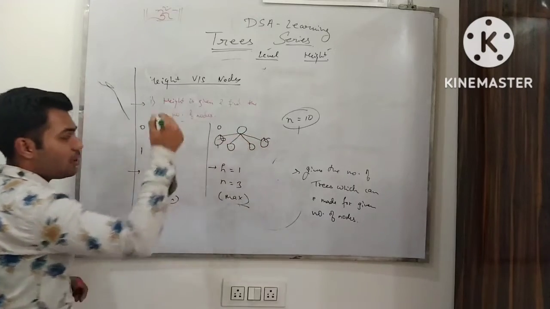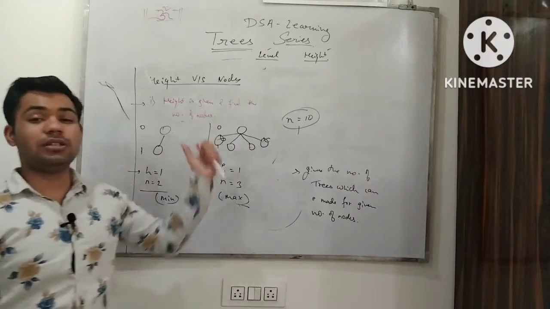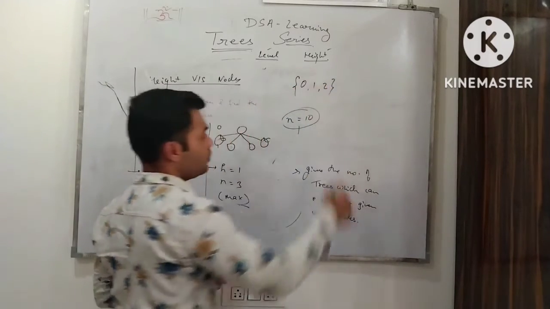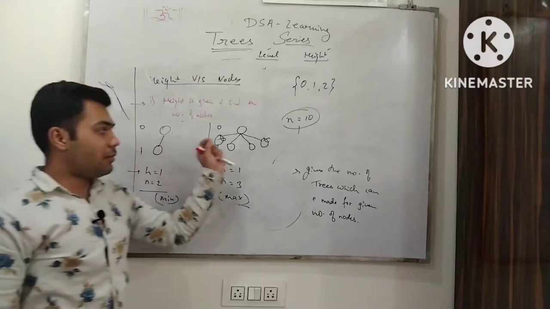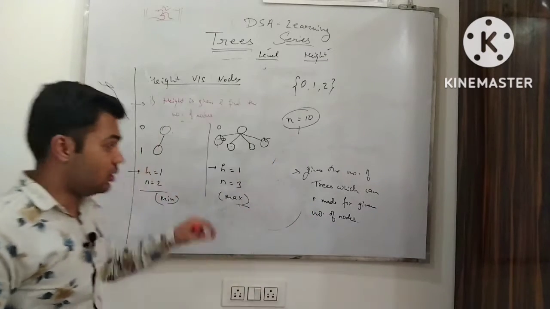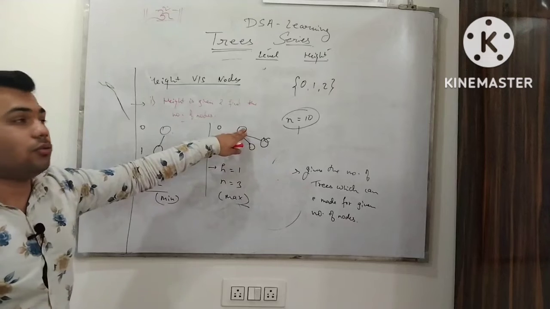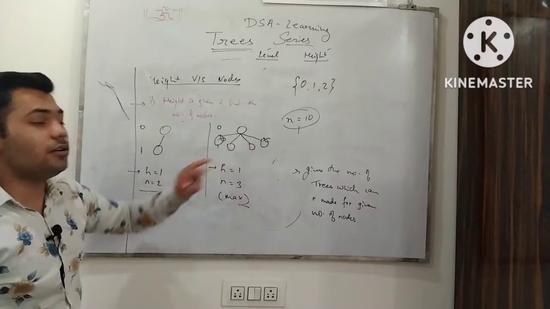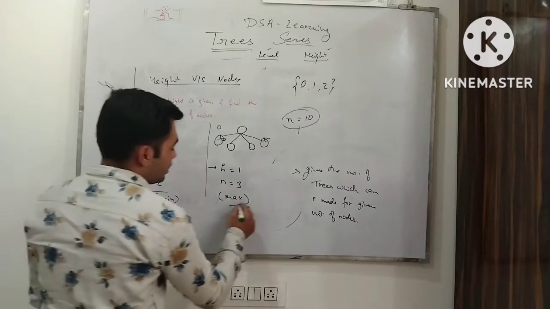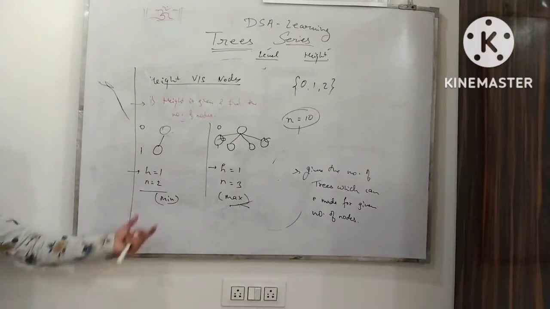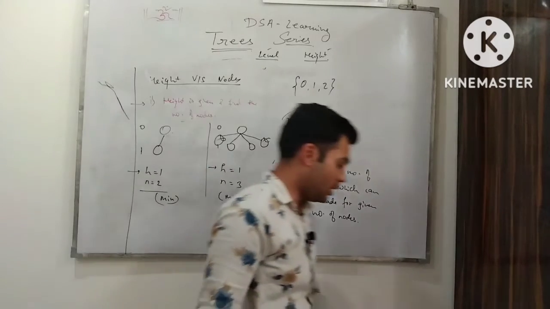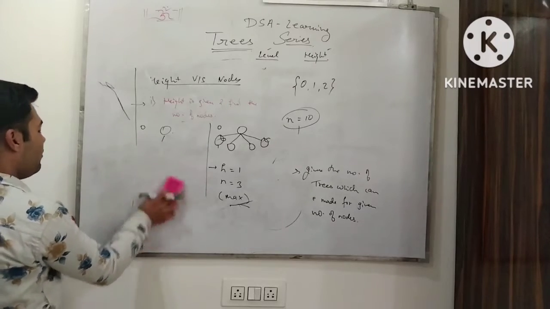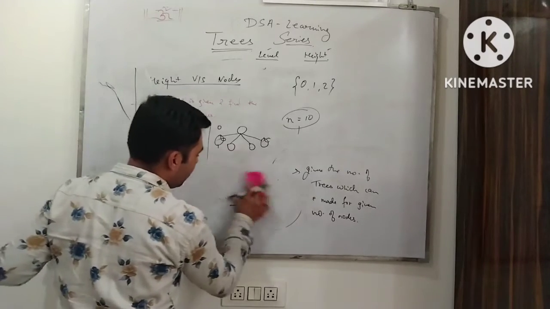No, this is not possible because we are learning about the binary tree, and we have studied that only 0, 1 or 2 children are possible for a particular node. So this parent node can only have 1 or 2 children. That's why it is called the maximum number of nodes, and this is called the minimum number of nodes. For this we should derive a formula. What's the formula for this?